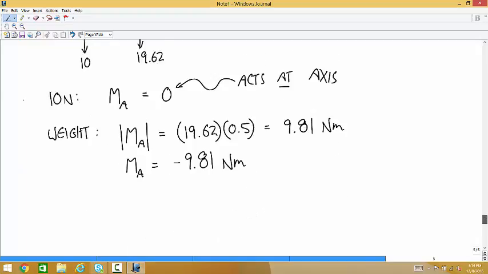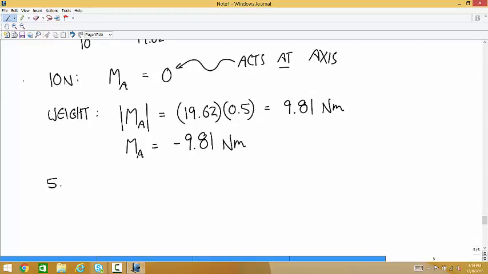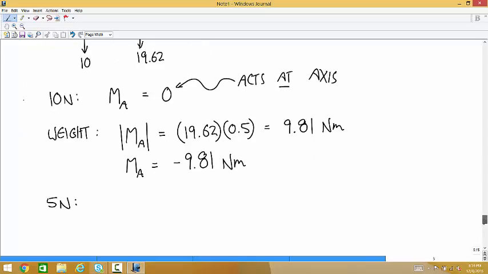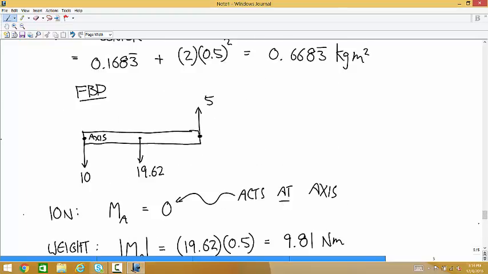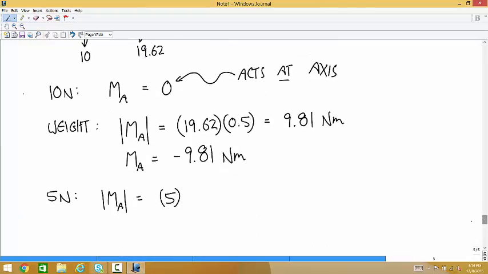And now the 5 Newton force. The absolute value is 5 times the distance from this force to the axis. What's that distance? That's the full meter. So the absolute value of the moment is 5 Newton meters.